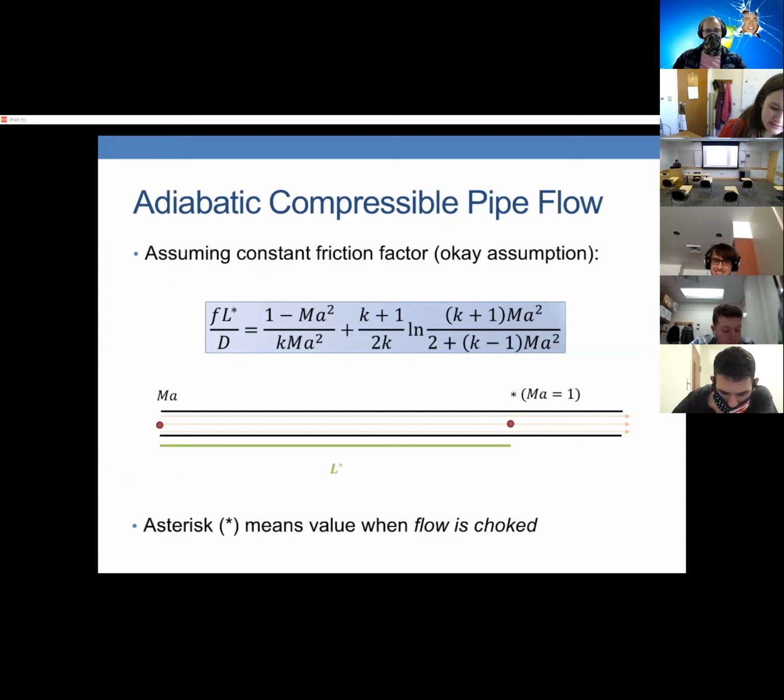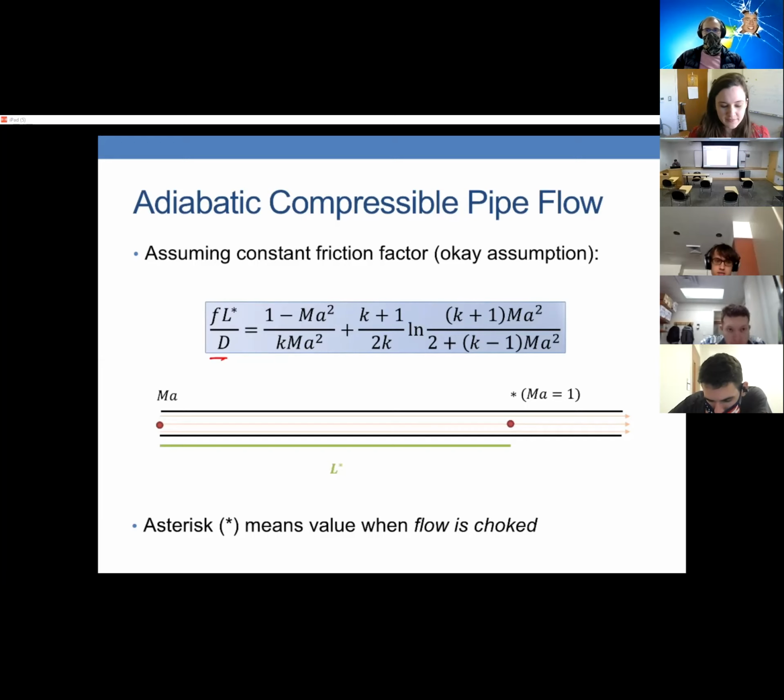This ratio here, which is a dimensionless group, by the way, assumes a constant friction factor, which is an okay assumption. For subsonic flow, you can usually use the Colebrook equation or the Haaland equation, something like that.